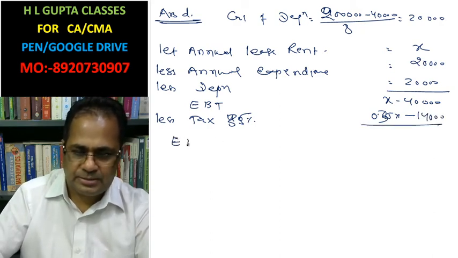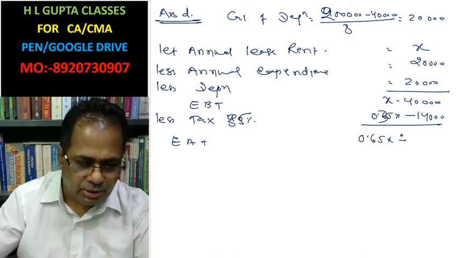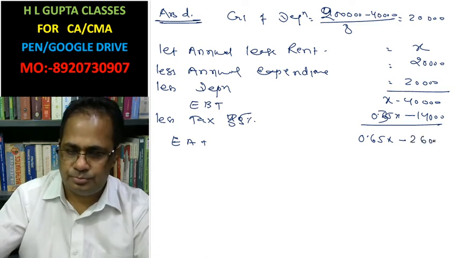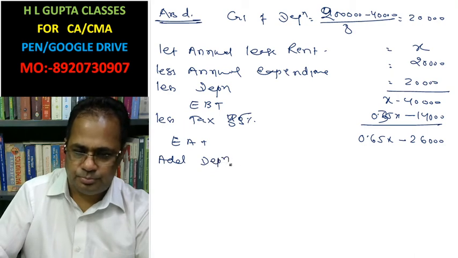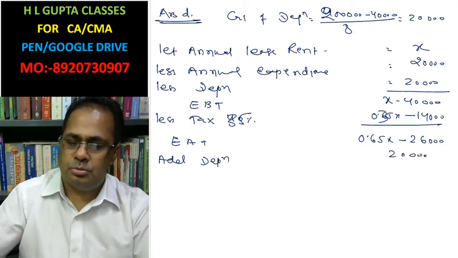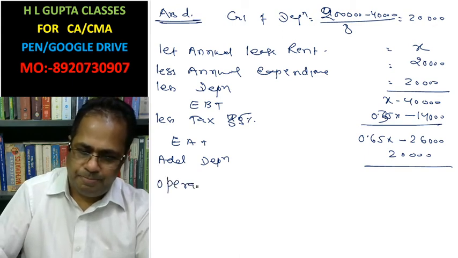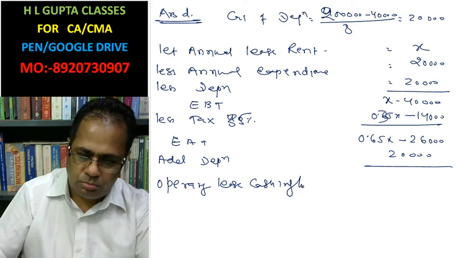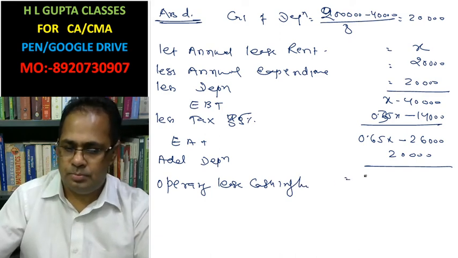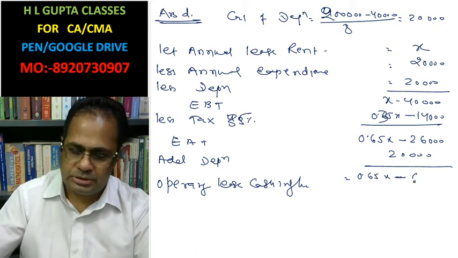Earning after tax is 0.65x minus 26,000, add depreciation, operating lease cash inflow is 0.65x minus 6,000.